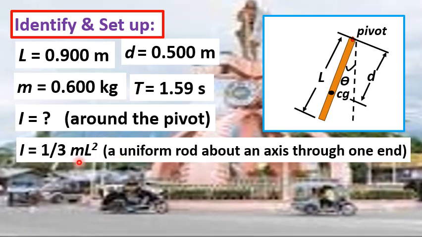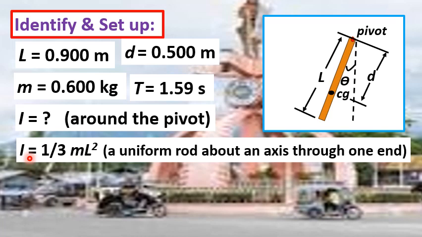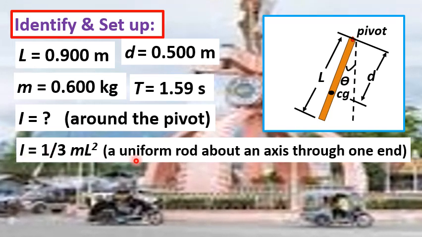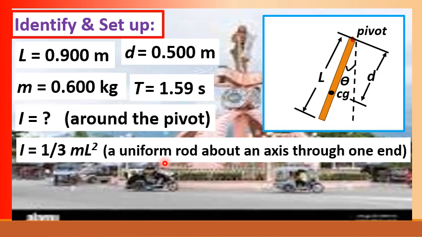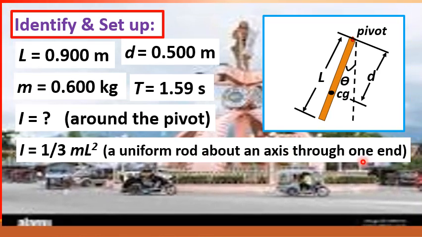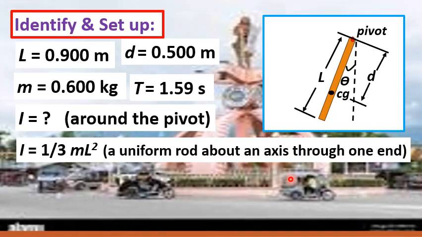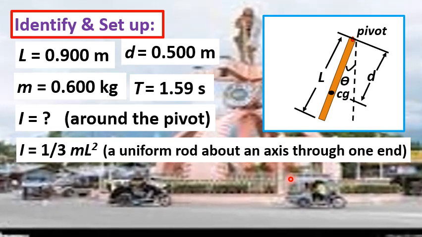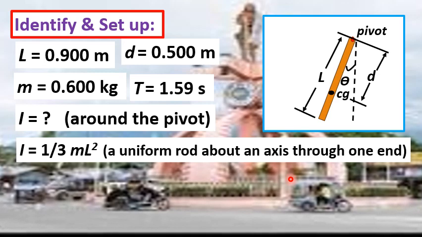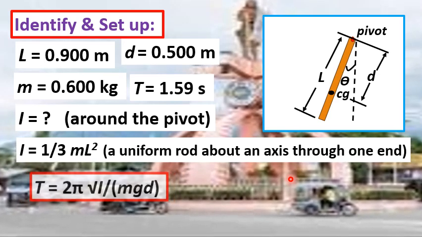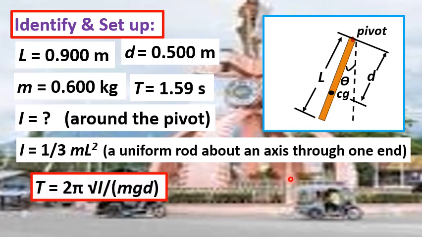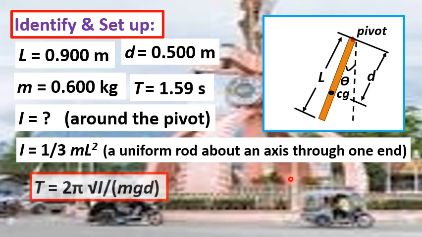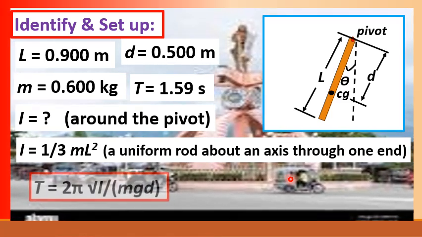Again, this is the standardized moment of inertia of a uniform rod about an axis through one end. But since the rod we are analyzing is a non-uniform rod, there is a need for us to use a derived formula.